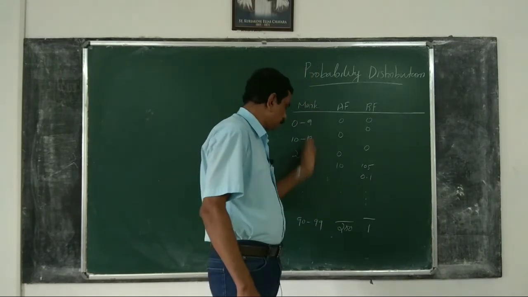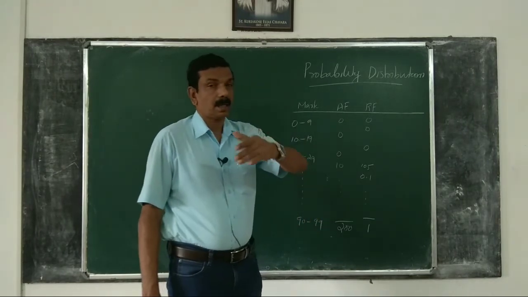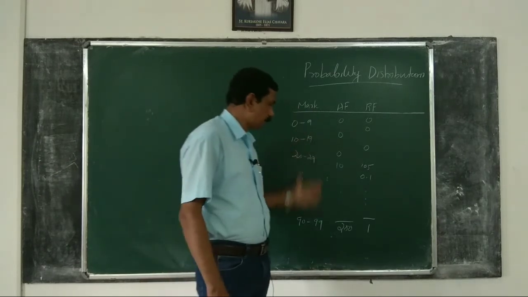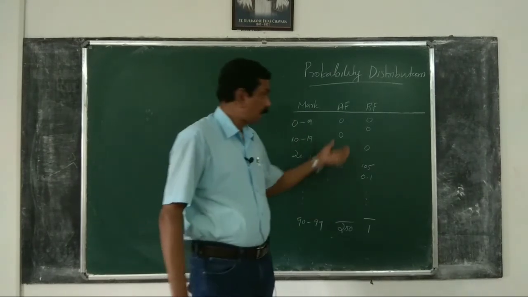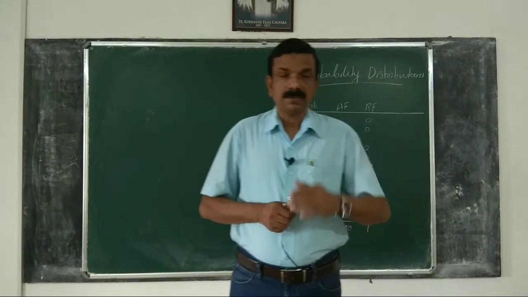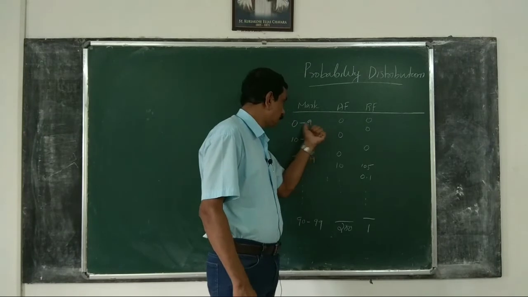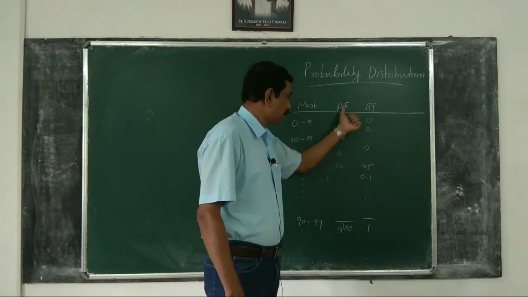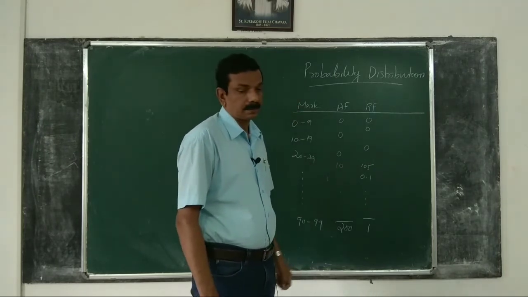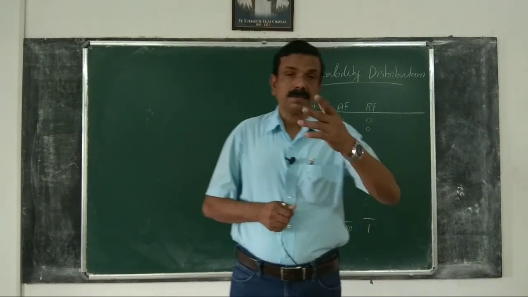Now, mark is a random variable. Actually, mark is a variable, but as mark is not predictable, mark is a random variable, and absolute frequency is the number of outcomes of a given event. That is, the event mark between 0 and 9, number of events 0, 10, the mark between 30 and 39, etc. That is absolute frequency, number of times, number of outcomes of a given event.